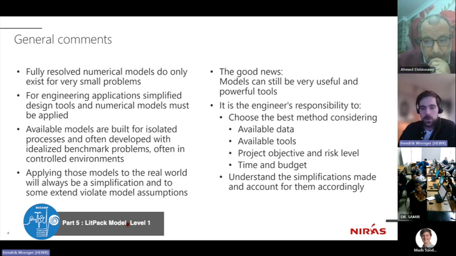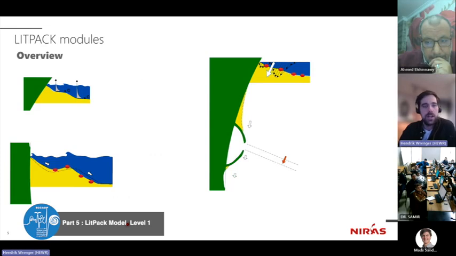So yeah, that's a bit the context. Keeping that in mind, we can have another look at the LitPack modules. And I think Samir has also used these diagrams here from an old LitPack documentation you can find on the internet, published by DHI.